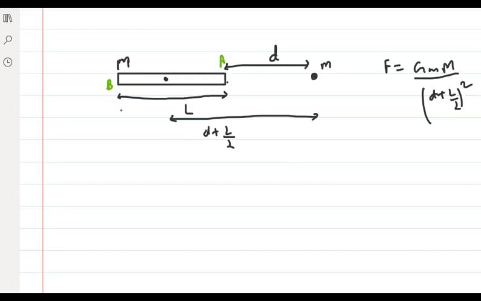No, right? Because when you talk about point A, the mass is very less, but when you talk about point B, the mass of the whole rod is there. So the force is not constant, because mass is changing at every point.